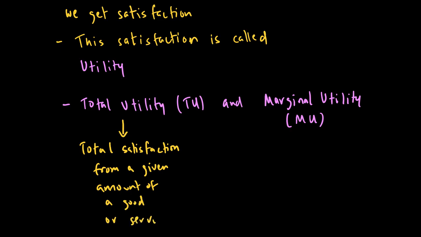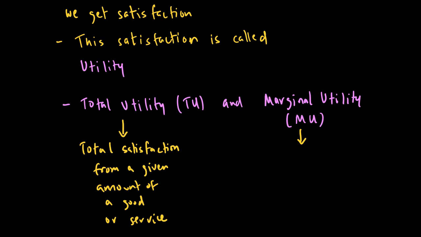A good example of this could be, let's say I consume 5 cups of tea in a day. So the total satisfaction that I get from the 5 cups of tea that I consume in a day is what we call total utility from the 5 cups of tea.